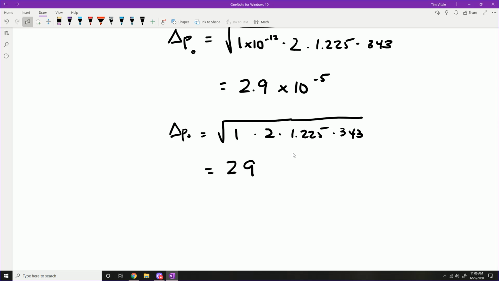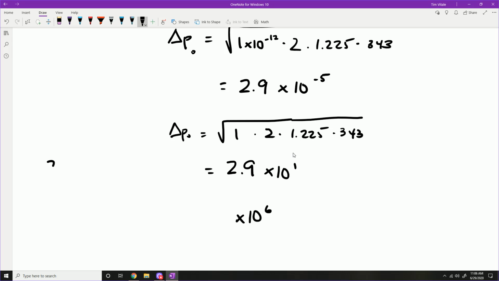But the difference between these, if I put this in scientific notation, it would be 2.9 times 10 to the 1. So the difference between those two is times 10 to the 6, because that's the order of magnitude difference that they're at. Because this is times 10 to the 1, this is times 10 to the negative 5.